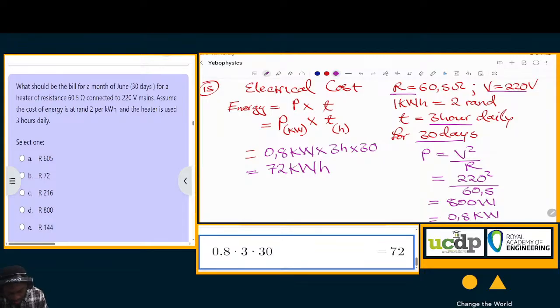So this is, but we've been told that 1 kilowatt hour is 2 rand per kilowatt hour. So this cancels that.